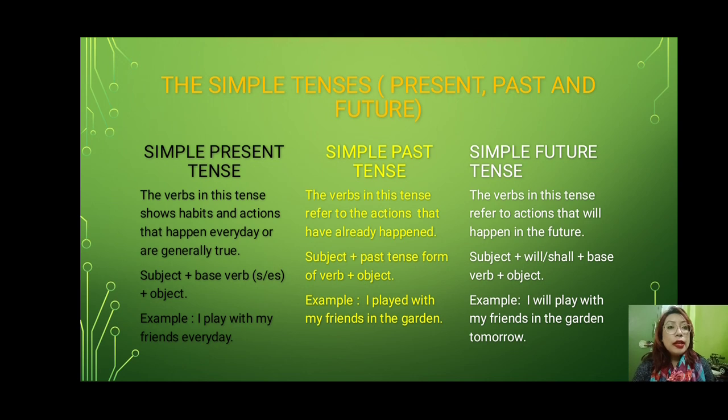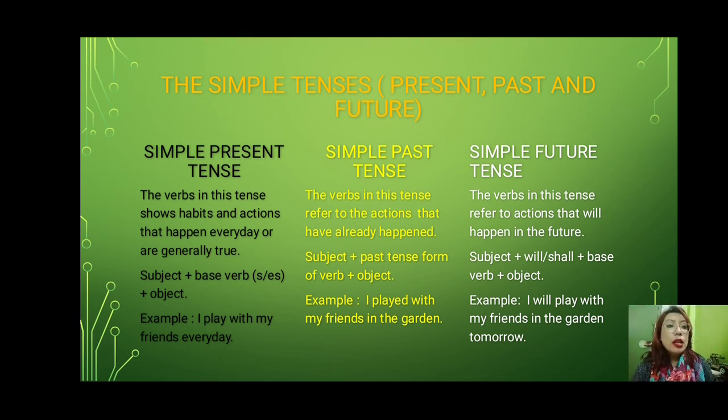All right students, let us move to the third one, that is simple future tense. The verbs in this tense refer to actions that will happen in the future. So the action has not taken place. The action will occur in the future.